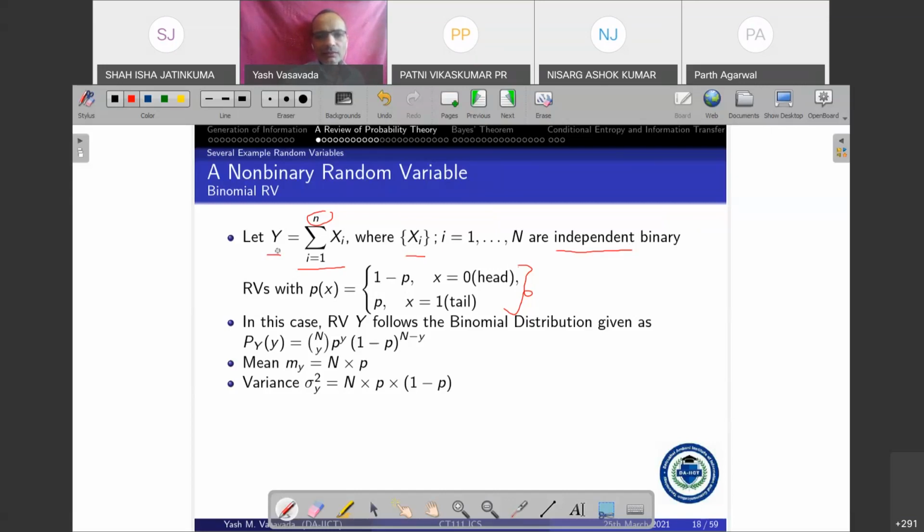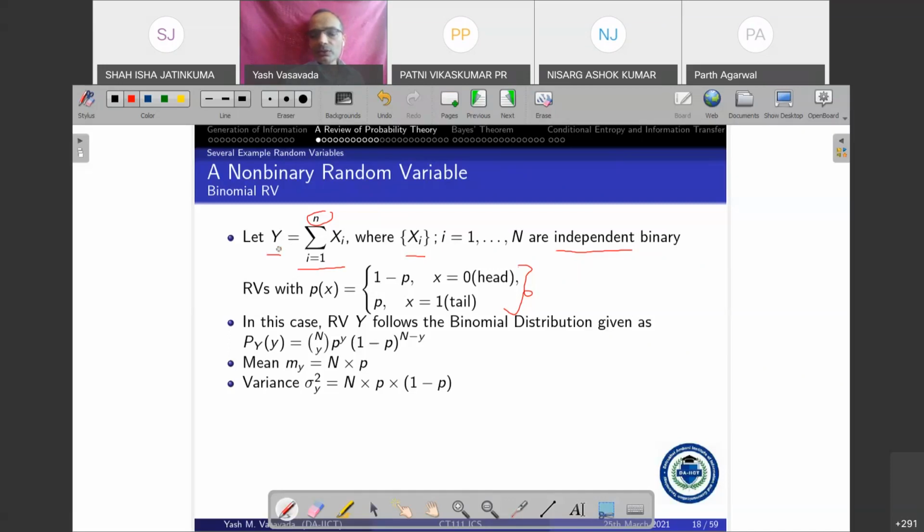Okay, so one quick question. What is going to be the minimum value of y? What is the smallest value that y can take?